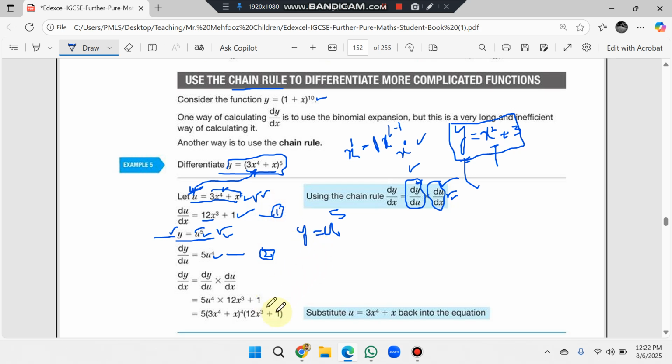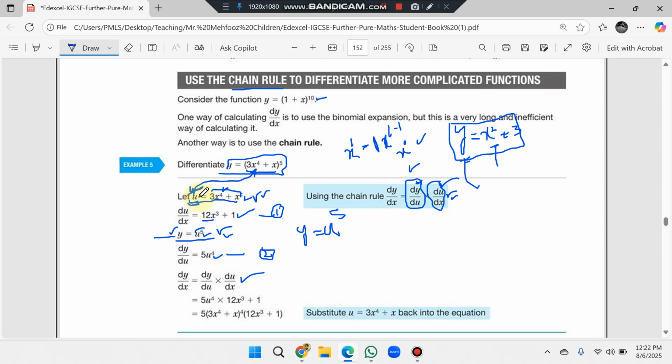Okay. After that, you can see we use the formula of the chain rule, that is dy by dx is equal to dy by du multiplied by du by dx. This formula can be changed if you use another variable in the place of u.